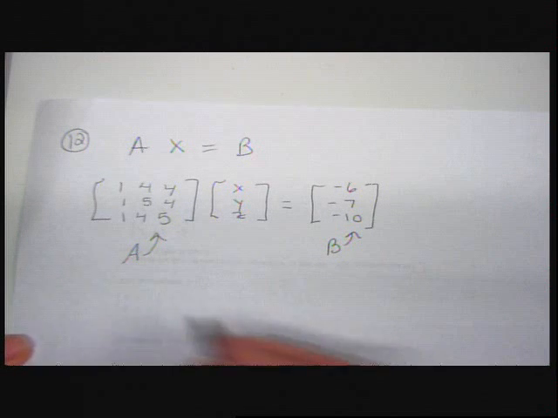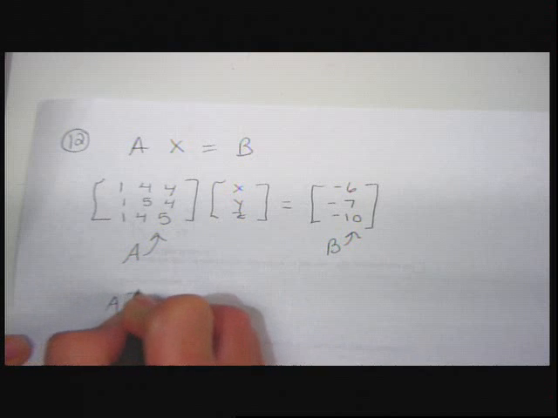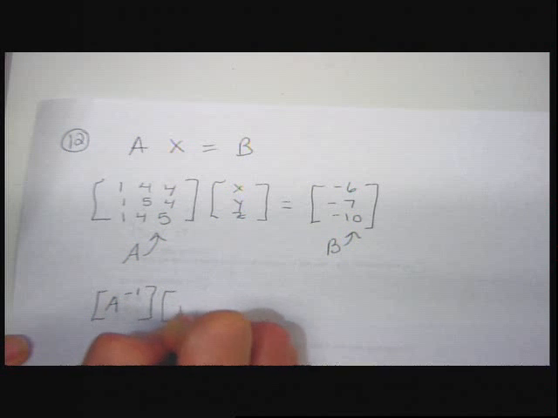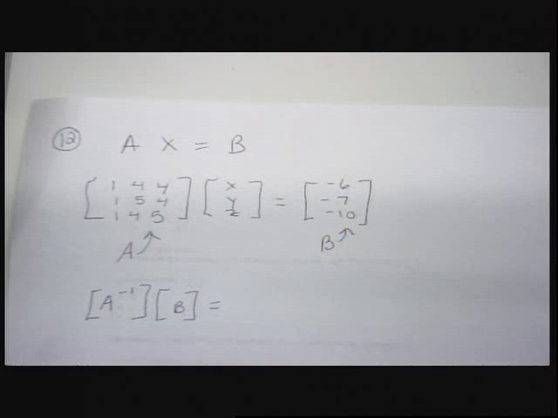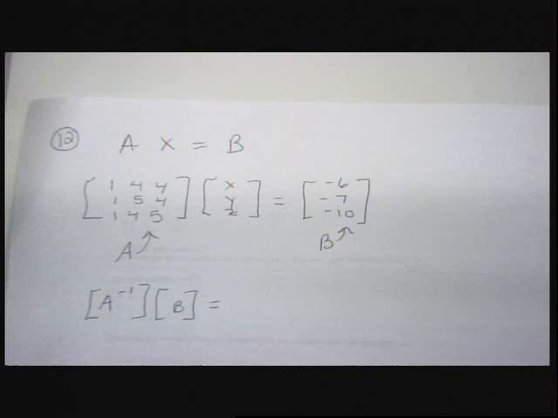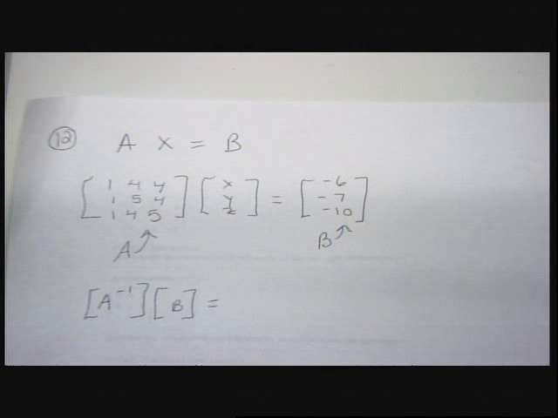Yes. Okay, and all you have to do now is go to your home screen and do A inverse times B to get the solution. 14, -1, -4. Let's see. Anybody else get that on number 12? Yeah, I got that.